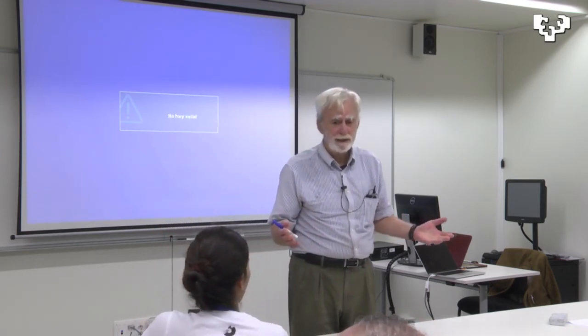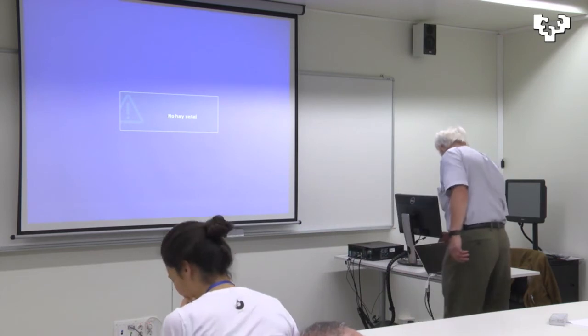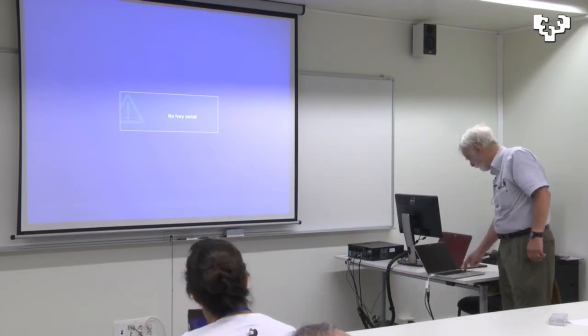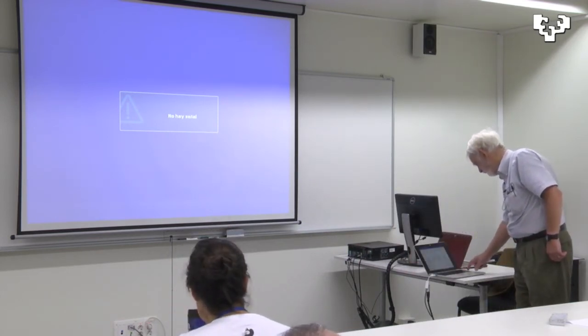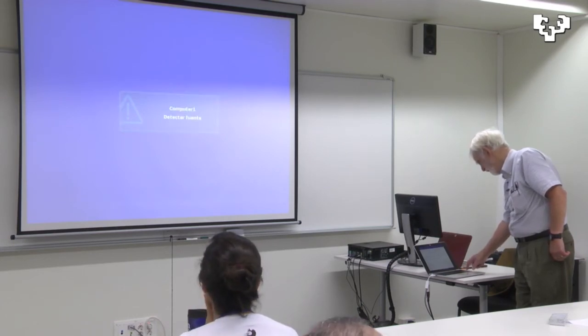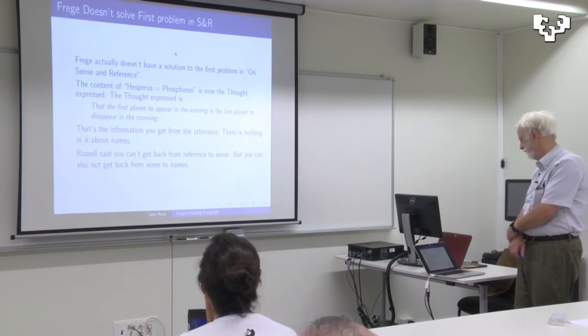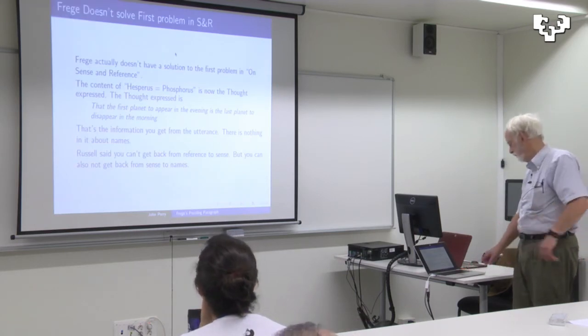I do have a couple of questions. One, I think there is a problem, examples 5 and 6. There is Hesperus and then a definite description. So it seems that you can have identity there, according to Frege, if definite descriptions are names.